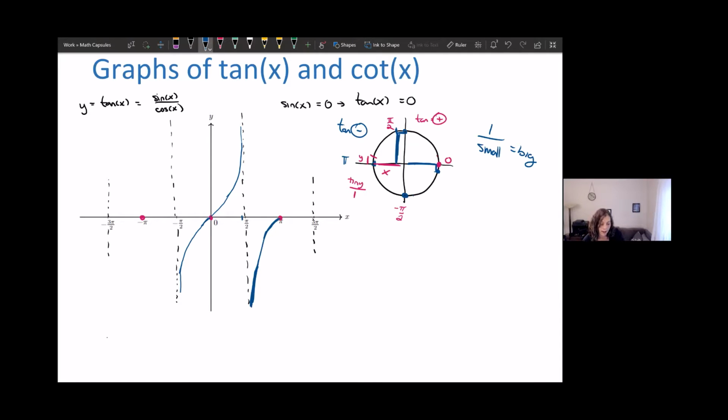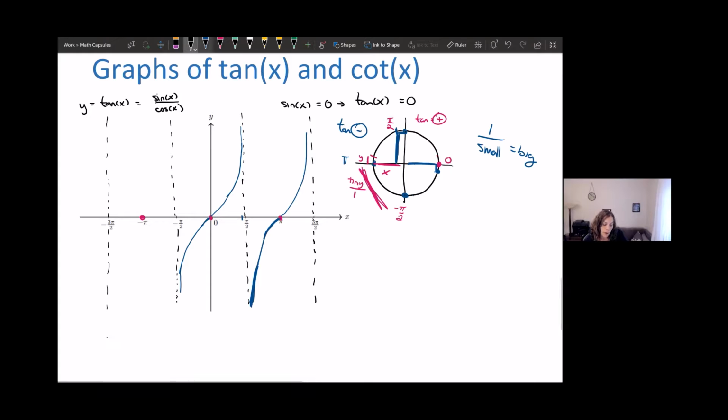And if you try the next section, we could try going from pi to 3 pi over 2 over here. You're going to get something like this. So this is actually just a recopying of the piece that we had before between negative pi on 2 and pi on 2. Tan actually recopies itself like this between every pair of vertical asymptotes.